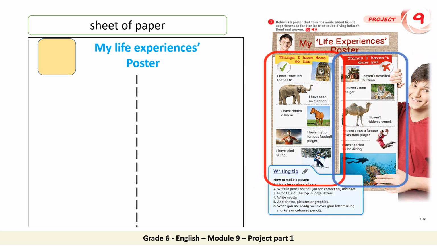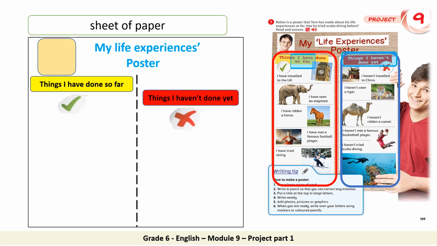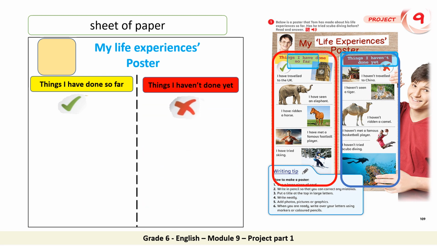After that, divide your poster or your sheet of paper into two halves. On the left, we will write the things I have done so far. So write the heading things I have done so far on the left. On the right, write the heading things I haven't done yet.